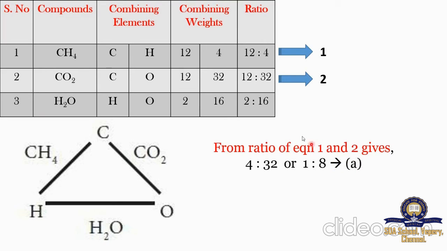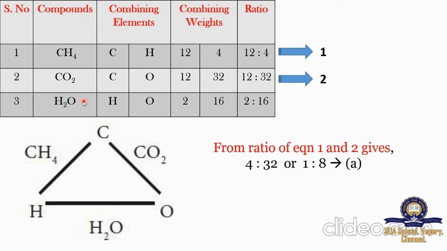Now let us take the third combination, which is water, H2O. This is water vapor, okay? It is a gaseous form. So when hydrogen and oxygen combine, then it gives H2O. So the combining elements are hydrogen and oxygen. So here when we calculate the ratio of mass of hydrogen and oxygen, we get 2:16.